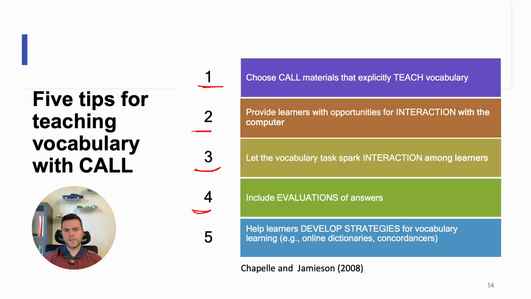Number 4, include evaluations, so learners know how they are doing, and that might mean feedback on quizzes or automated responses in language apps. And number 5 is to help learners build strategies. For example, using online dictionaries, word banks, collocation dictionaries, concordances, so on and so forth.